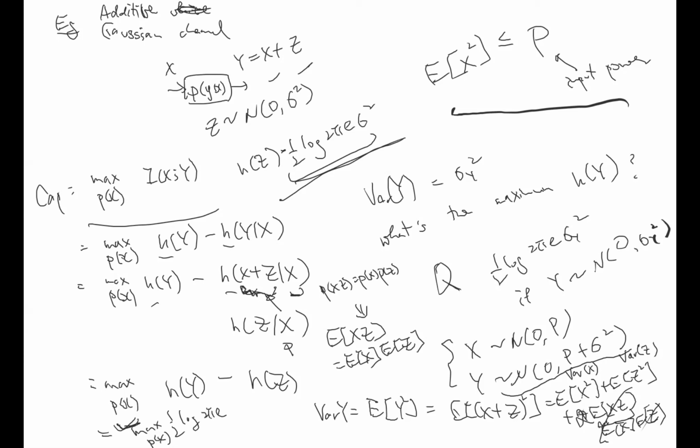So it's 1/2 log 2 pi e (P plus sigma square) minus 1/2 log 2 pi e sigma square.